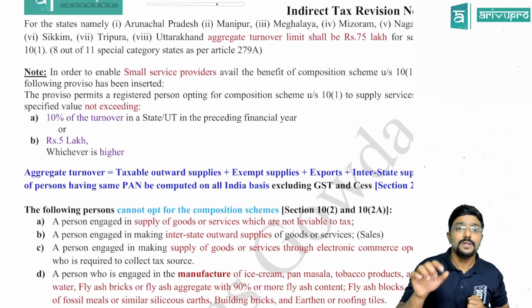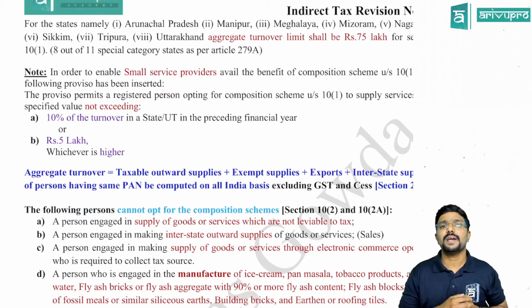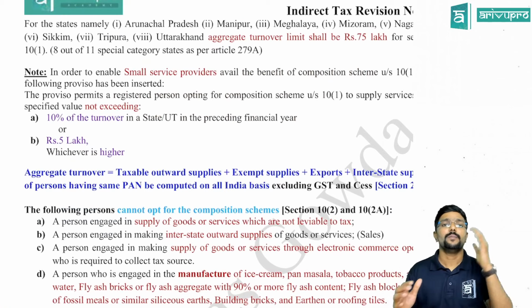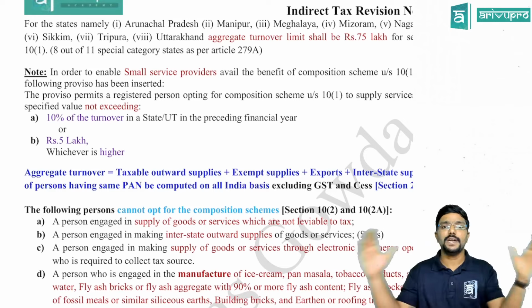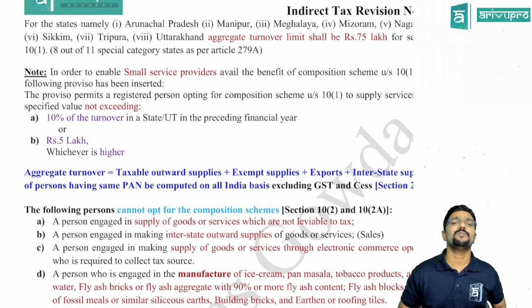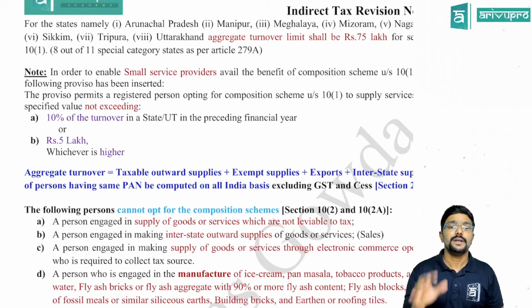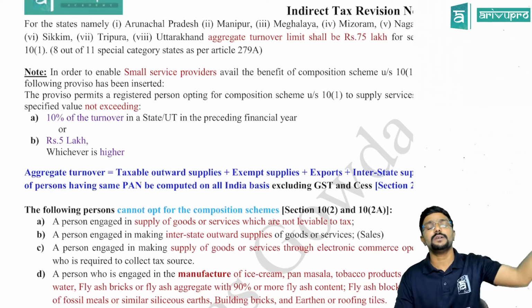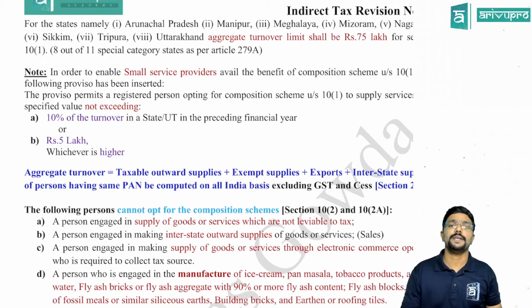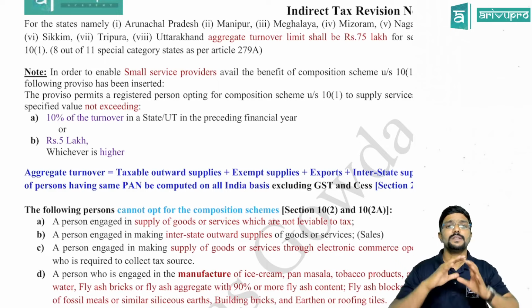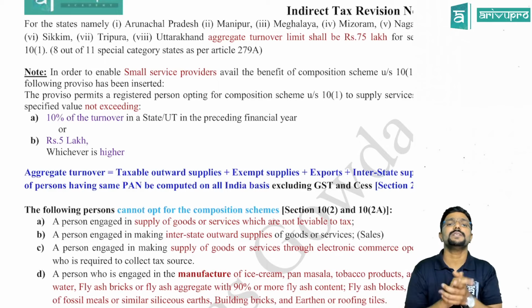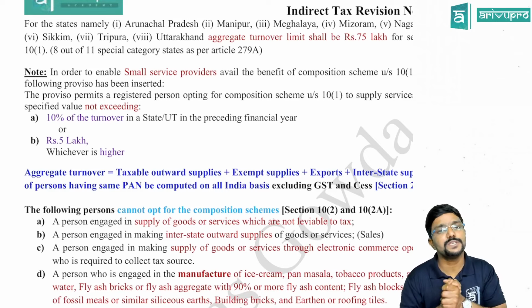The turnover from that service cannot exceed 10% of the turnover of last year or 5 lakh, whichever is higher. If it crosses, then all your businesses are not eligible for the 10.1 composition scheme.